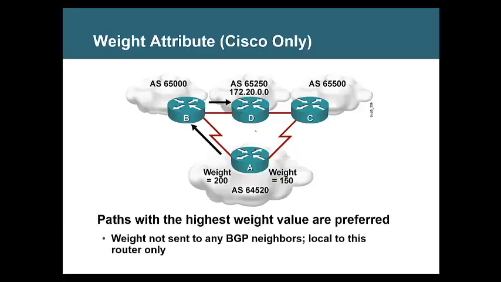Whereas with local preference, when I configure it on one router, every router will know. So if you want one particular router to take a different path, you can go with weight. If you want all the routers in your autonomous system to take one path, then you need to go with local preference.